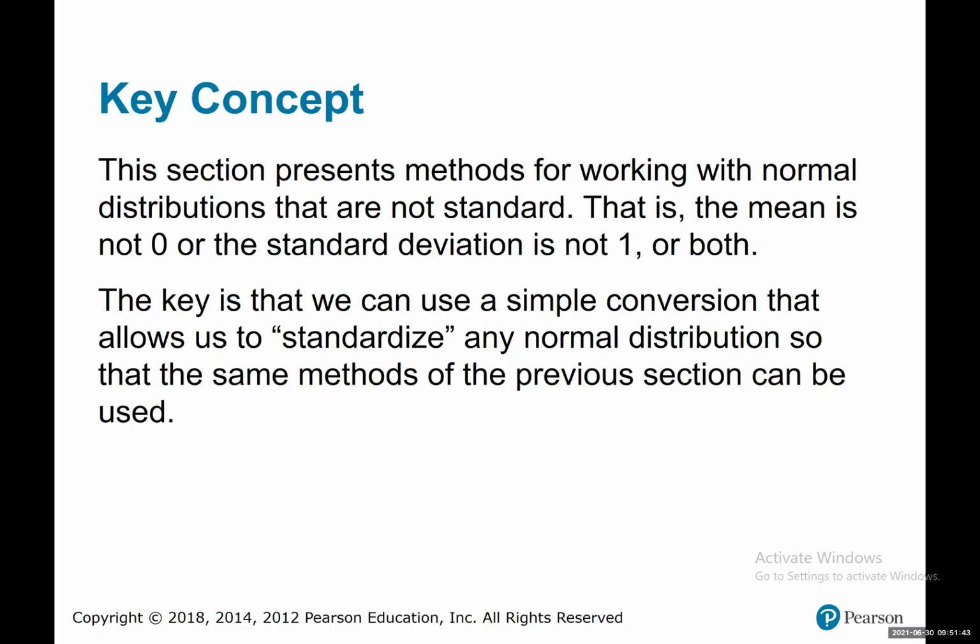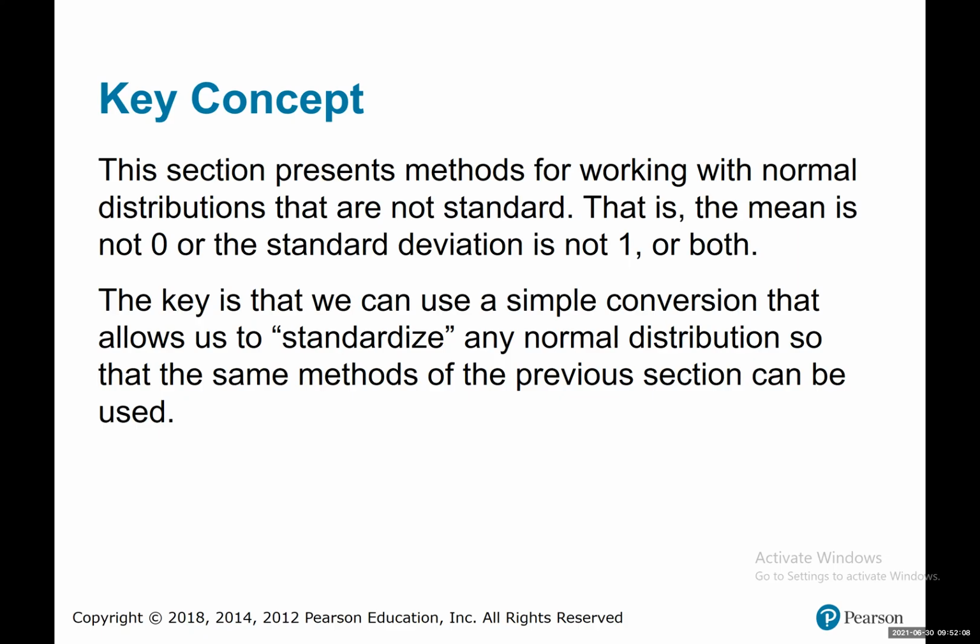Okay, here are the key concepts. In this section, we're going to do the same thing as we were doing, but with different means and standard deviations. So same calculator command, same concept. I think they separated it in two sections because they are using a table.